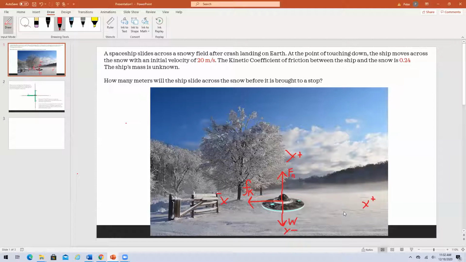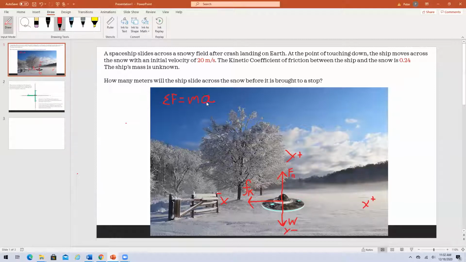And what does Newton's second law tell us about an imbalance of forces, right? If the sum of all forces acting on an object equals mass times acceleration, as per Newton's second law.